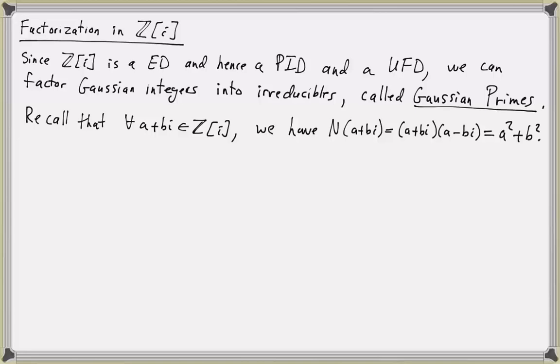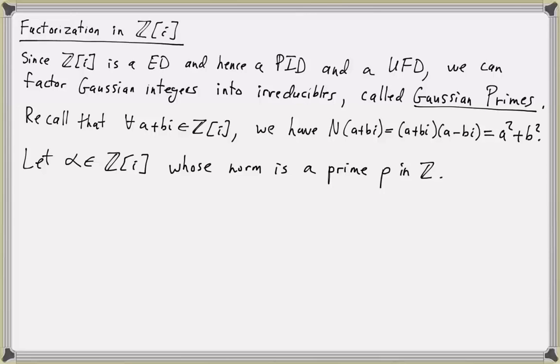So now let's look at an element, let's say alpha. Let alpha be a Gaussian integer whose norm is a prime P in the ring of integers.